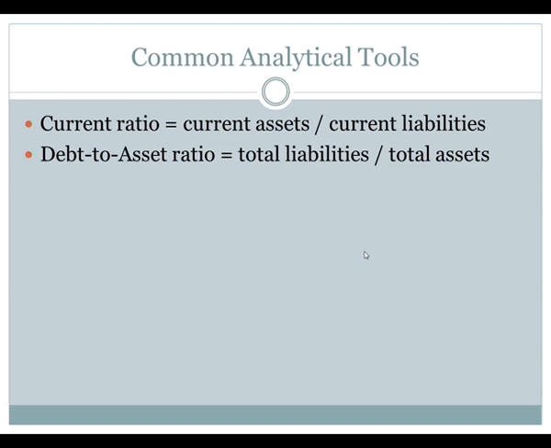Notice that the debt-to-asset ratio is an overall measure of total liabilities in relationship to total assets, whereas the current ratio focuses specifically on the current liabilities of the enterprise in relationship to the current assets.